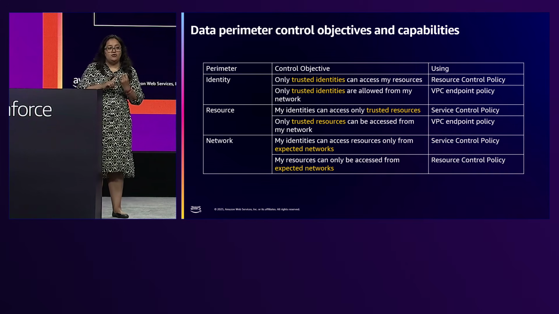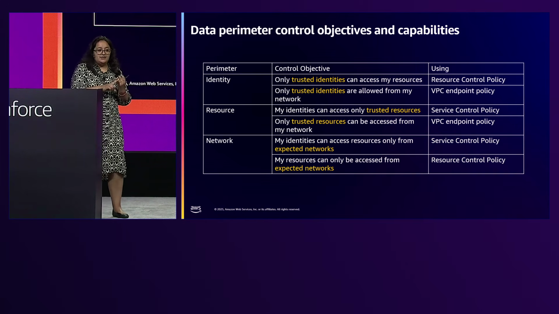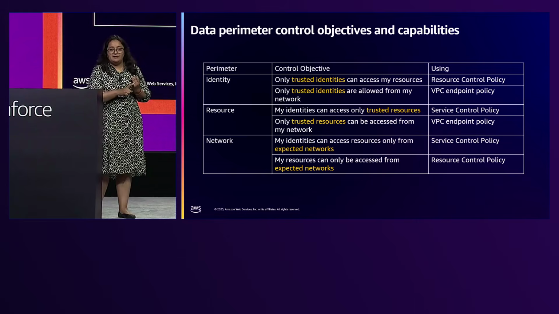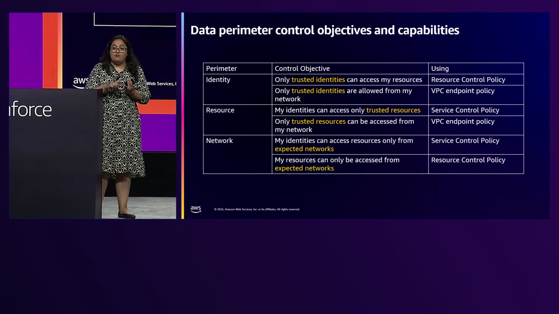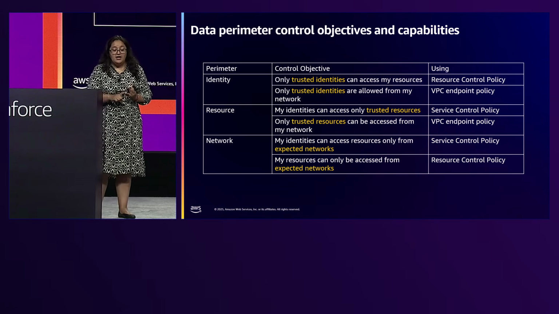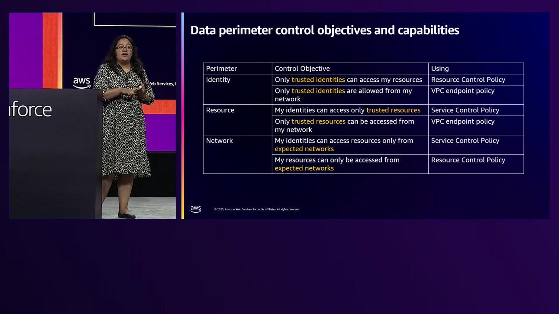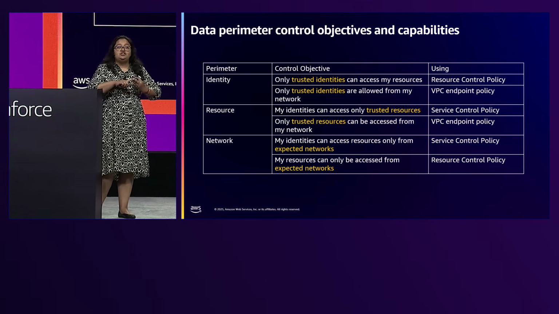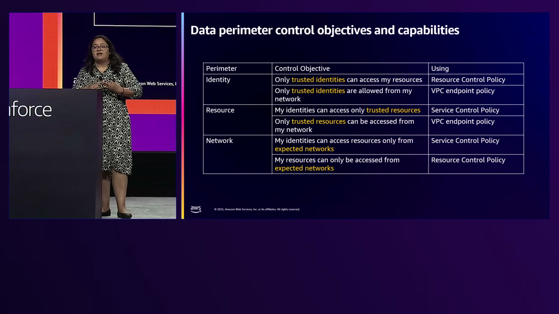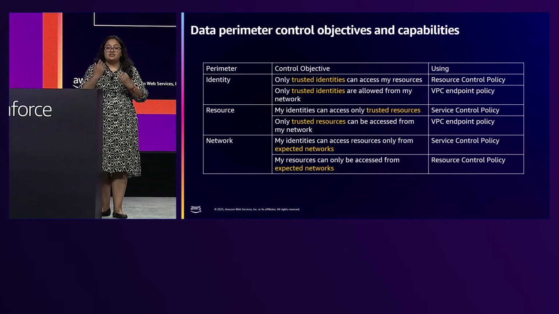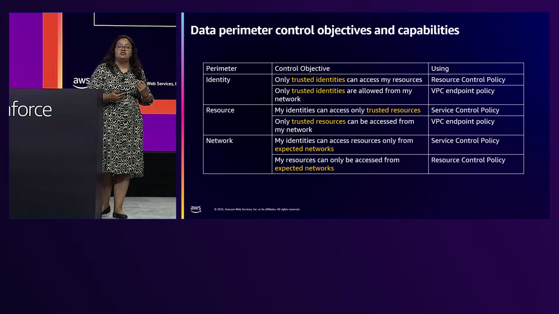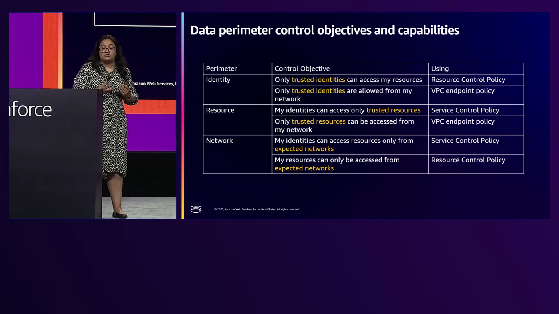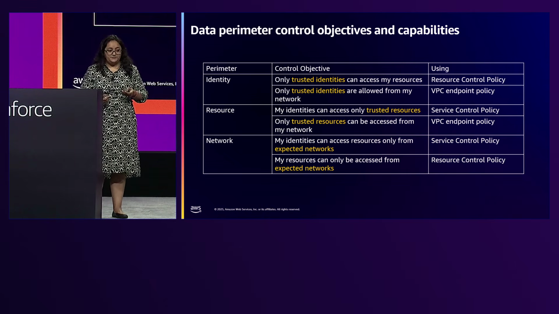So you need to know who is taking the action, identity, and blocking people who are not the right identity. You need to know what are they taking the action on and whether that is a trusted resource or not. And you want to be able to know where is the request coming from. And you need to have the ability to say whenever the three things don't match, whenever there's an external IAM credential coming into your data perimeter, you have to have the ability to see what's going on over there.